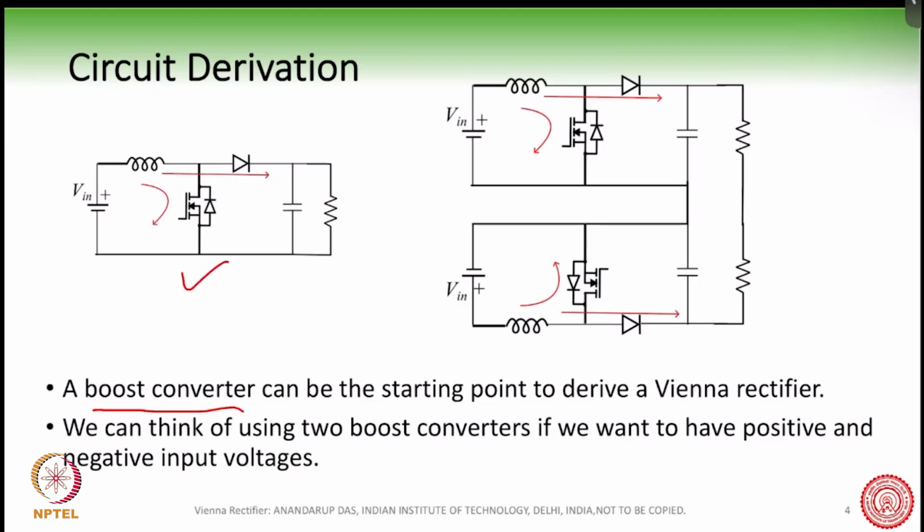Now, since we are going to interface the AC grid, we can actually think of having another boost converter. So in this case, this is the plus, and here this is the minus side. As if on the negative half of the AC cycle, we are having another boost converter with this circuit topology. Okay, so this is not the actual topology.